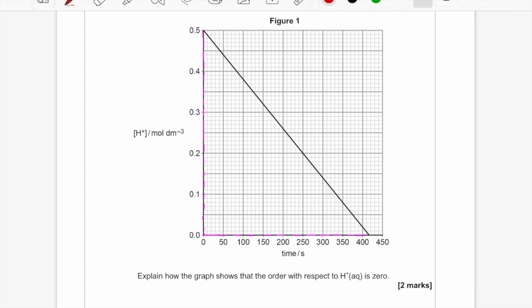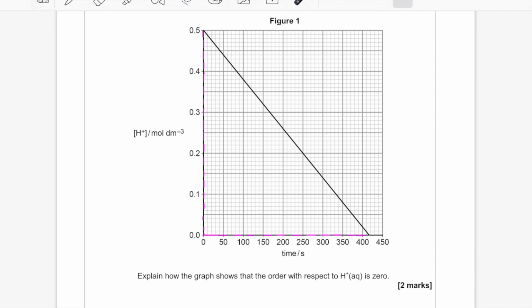And the thing is, to determine the rate of a reaction at any particular moment during the reaction, we draw a tangent at that particular concentration. So if we want to know the rate of reaction when the concentration is 0.4, we would draw a tangent. If we wanted to know when it was 0.2, we would draw a tangent. And remember, what the tangent is doing is giving us a gradient at that point on the line.